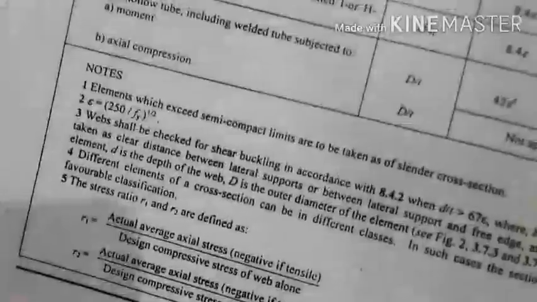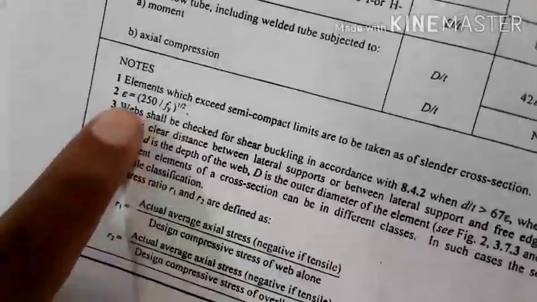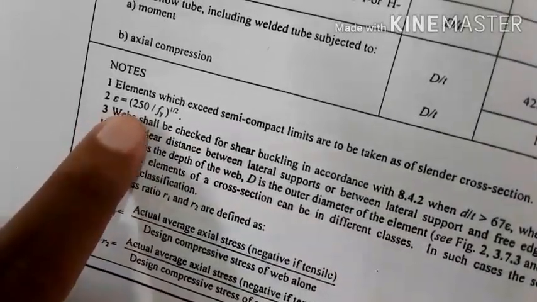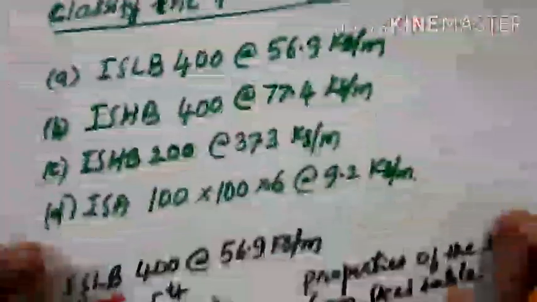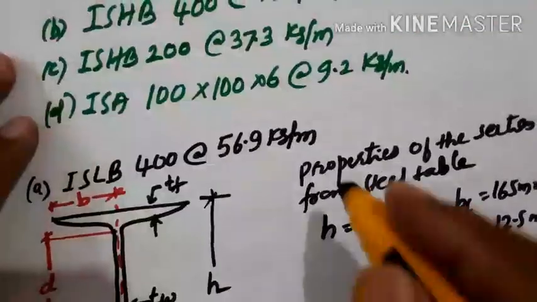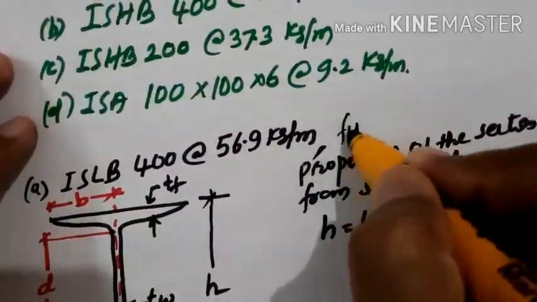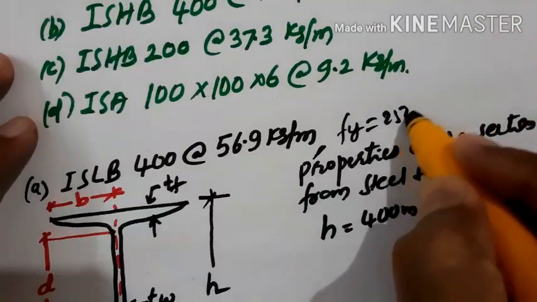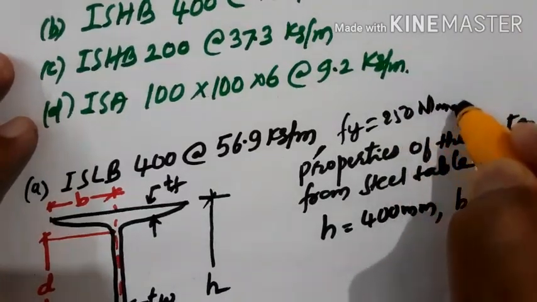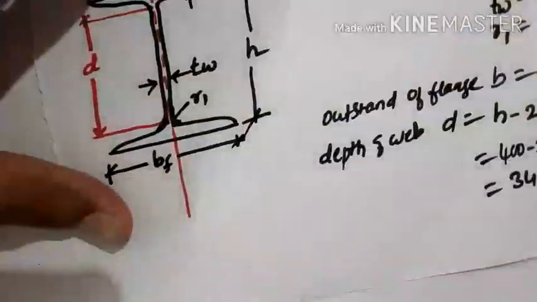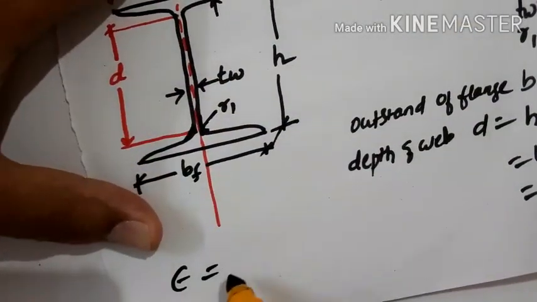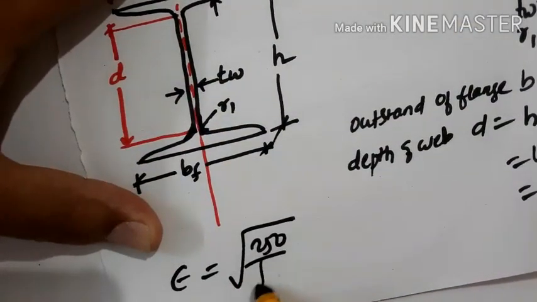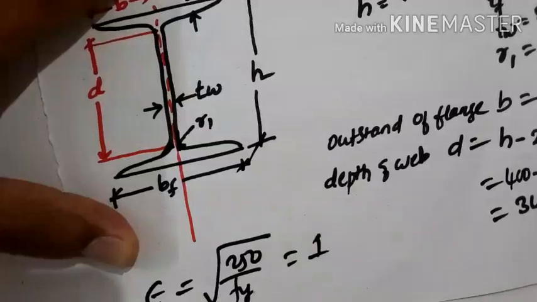Look at this table. Epsilon is given here, root of 250 divided by Fy. So for this section we are considering the yield stress Fy as 250 Newton per millimeter square, and you can calculate epsilon equal to root of 250 by Fy, you will get 1.